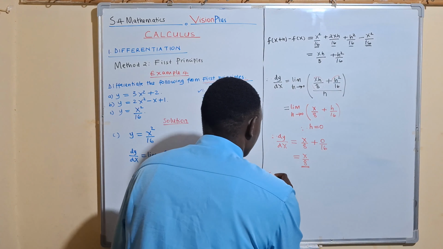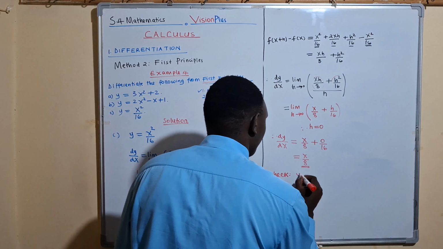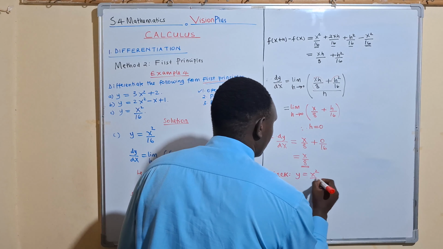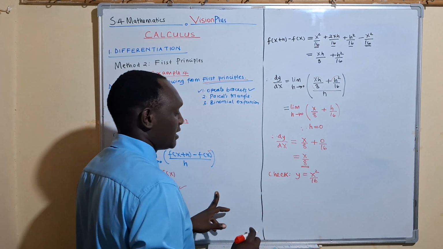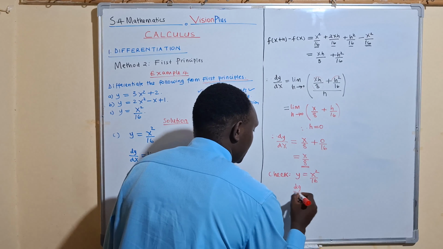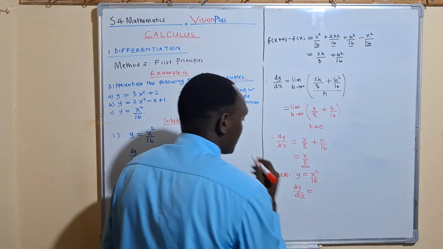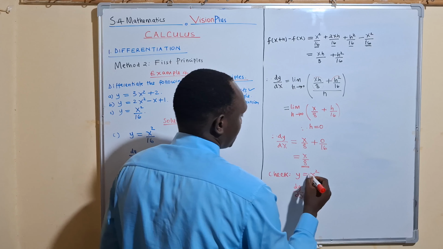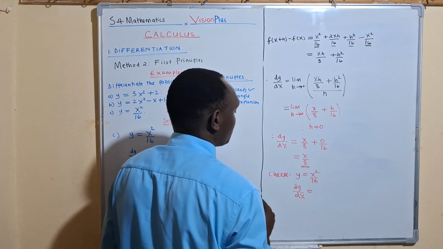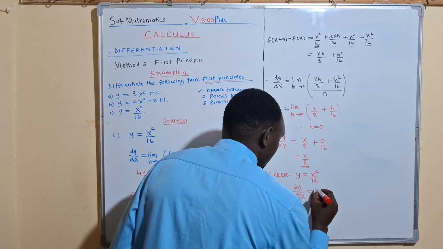Before you go, quick check. You have the function y equals x squared over 16. Let us apply the laws of powers and coefficients to differentiate. So here dy/dx becomes, what is the coefficient here? You can say the coefficient is 1 over 16, or you can say the coefficient is 1, no problem.